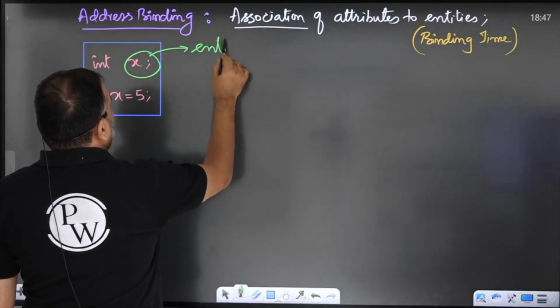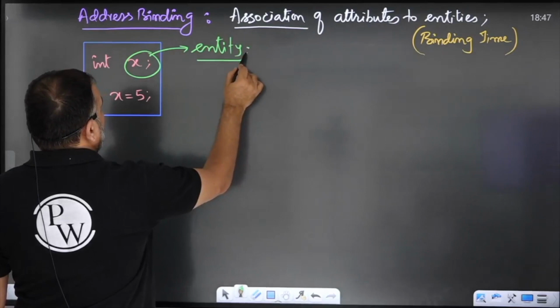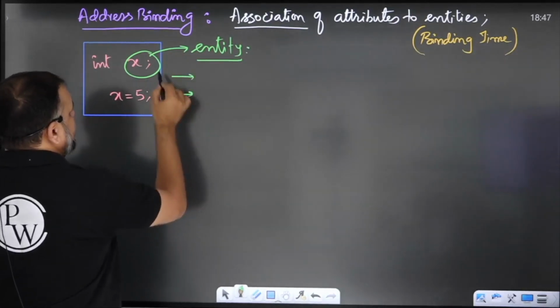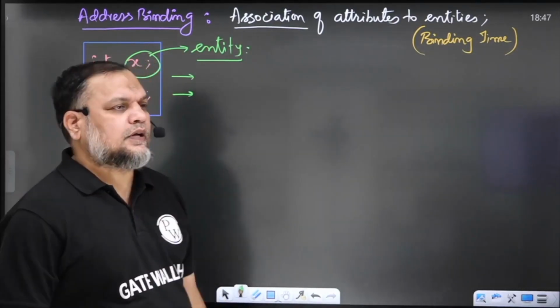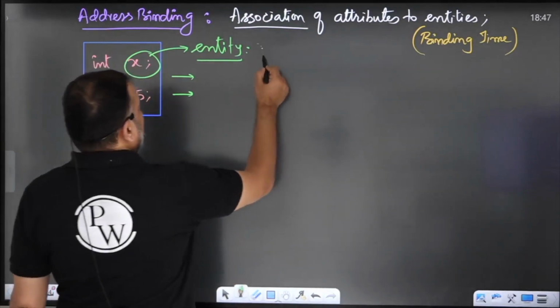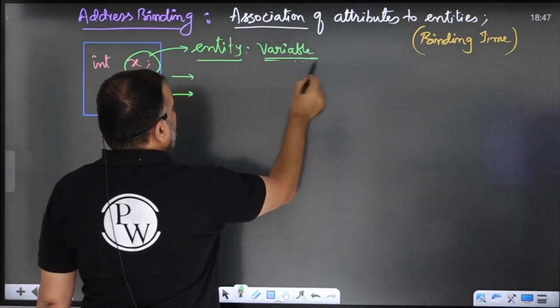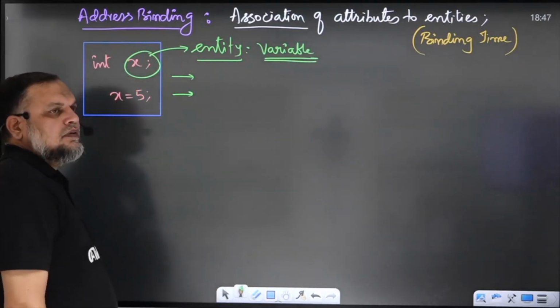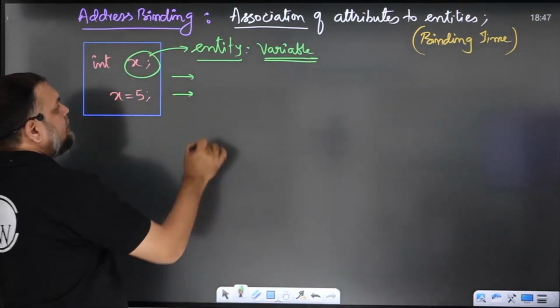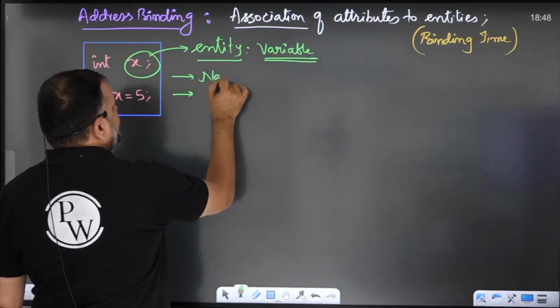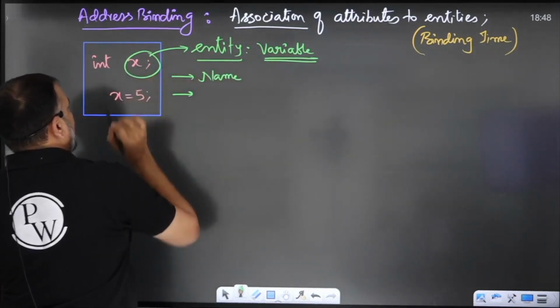Can you tell me some of the bindings of this entity? The entity is a variable, correct. What are the bindings of this variable? First binding is name. Name of this variable is X.